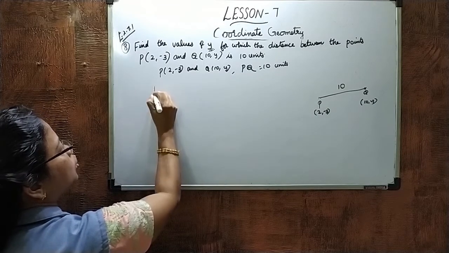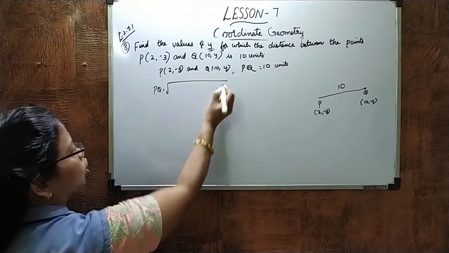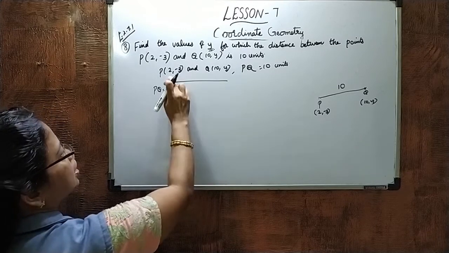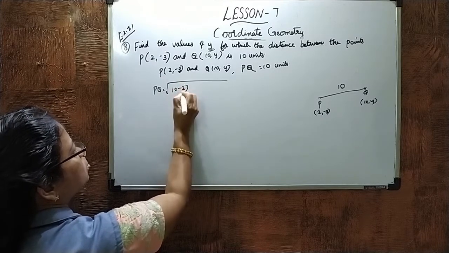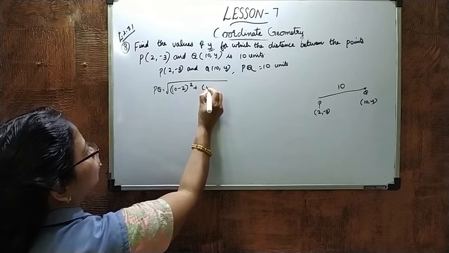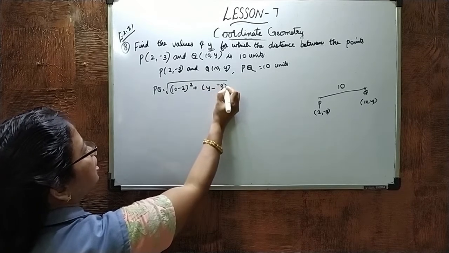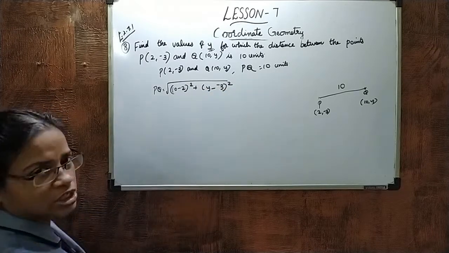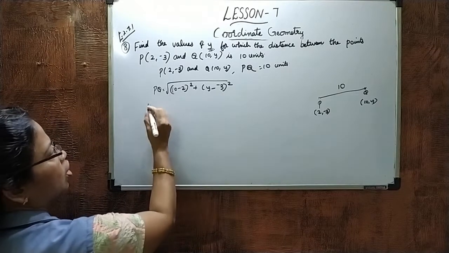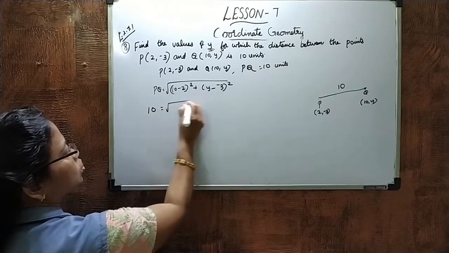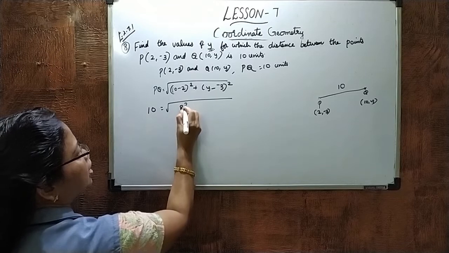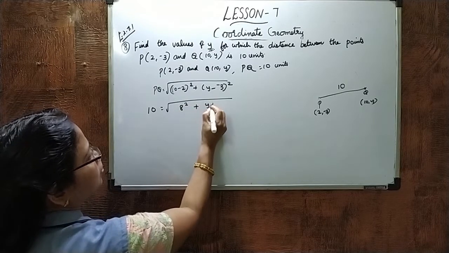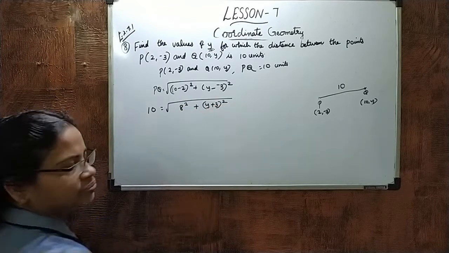So PQ equals root of (10 minus 2) the whole square plus (y minus -3) the whole square. PQ we already got, it is 10, equals root of 8 square plus (y plus 3) the whole square, right?